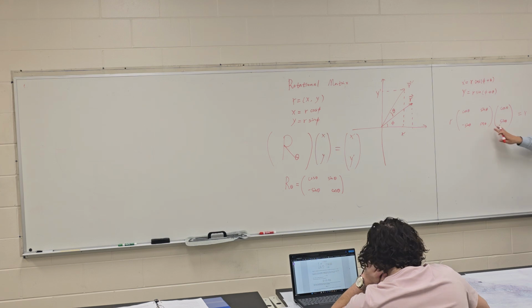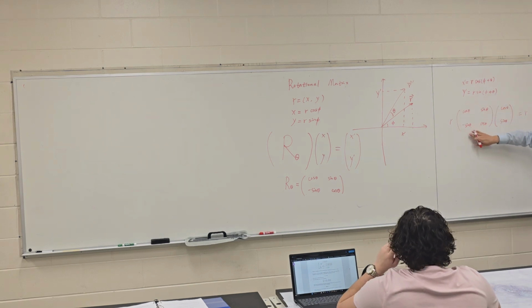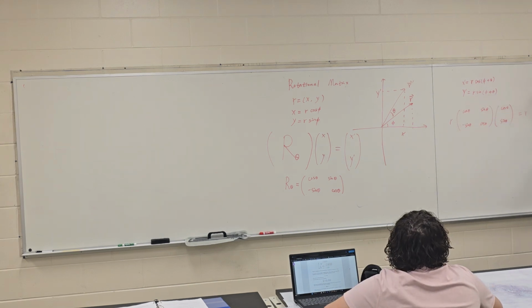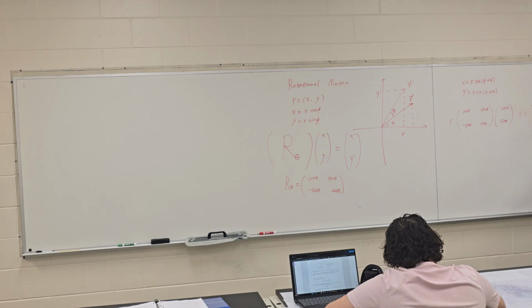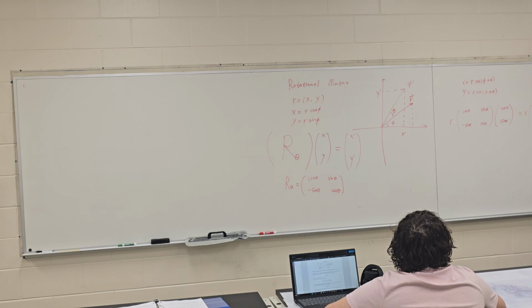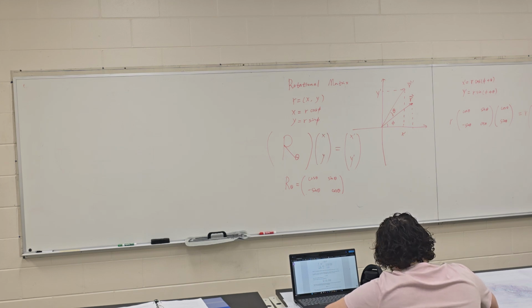What kind of matrix do I have after I explicitly mark them out? It's a 2 by 2 times a 2 by 1, right? What do I get? We're going to get a 2 by 1 vector.